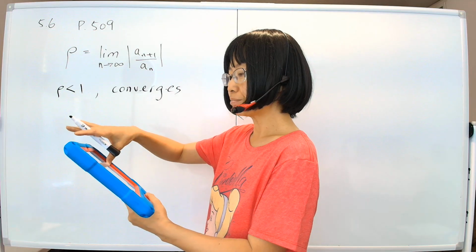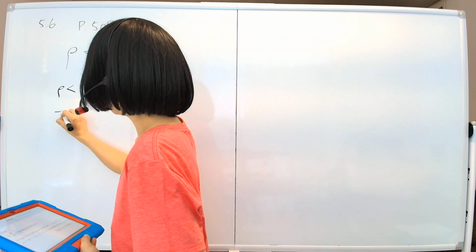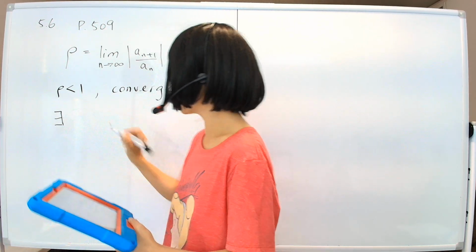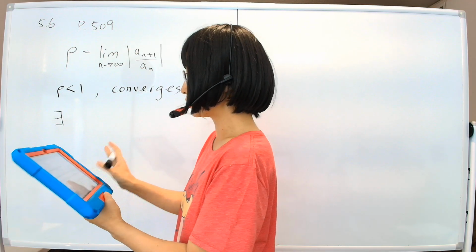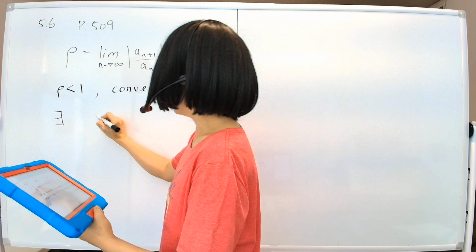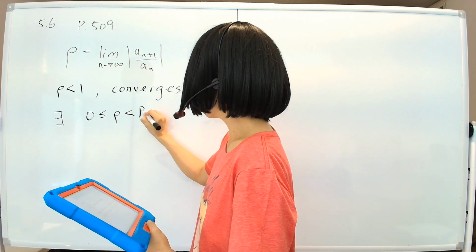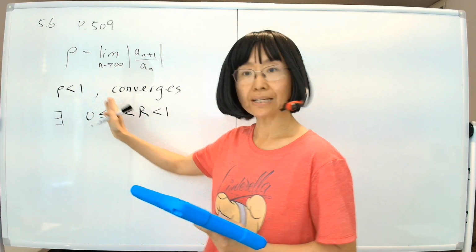Then the first step is there exists an R. The backwards E is a shorthand that stands for "there exists." So there exists some number R such that R is between rho and 1. R exists because we just said that rho is less than 1, right?